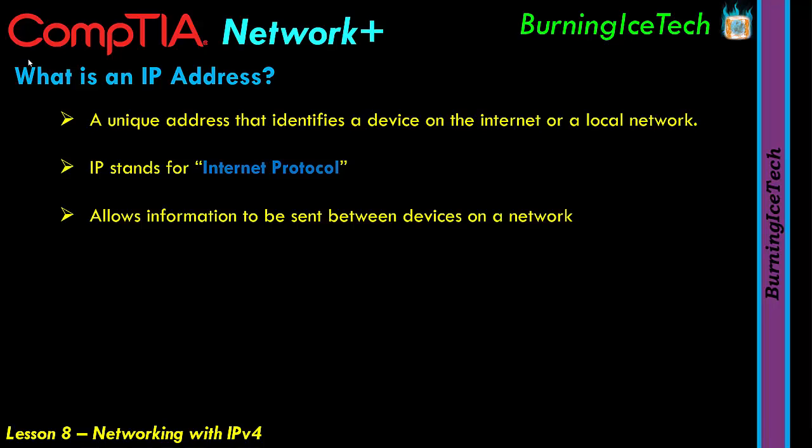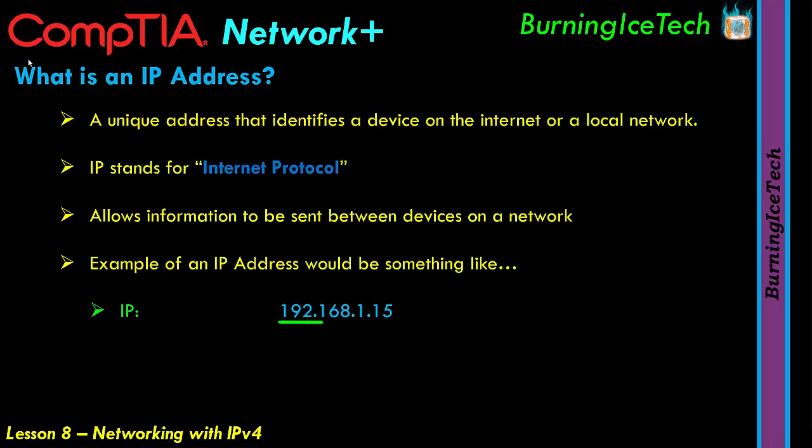Alrighty, and then for the folks who are curious what an IP address looks like and how you configure it, let's first show you what this looks like. An example of an IP address would look something like this: 192.168.1.15. Now that is an IP address, folks.